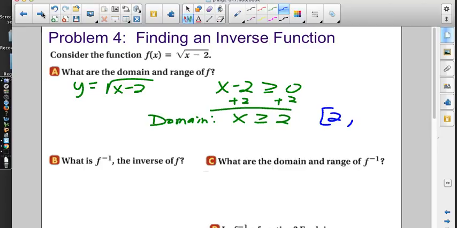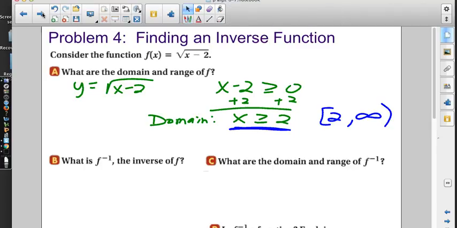And then we use a comma, and then we say, well, we want this to go on forever to the right. And that we use infinity for. And infinity always gets what's called an open bracket, meaning it is going to keep going forever. We really don't have a stopping point. For what we're doing right now, you're going to do this. That's where we start thinking in pre-calculus, and then we immediately go to the interval notation as we go through the year. And then the range.